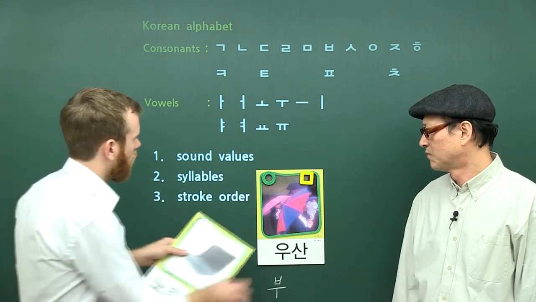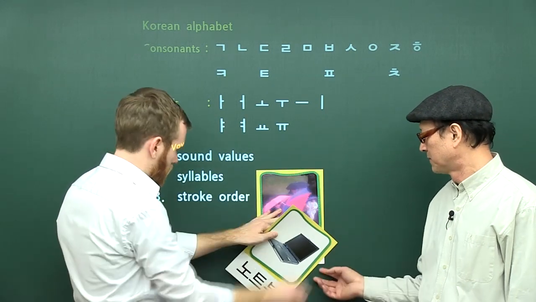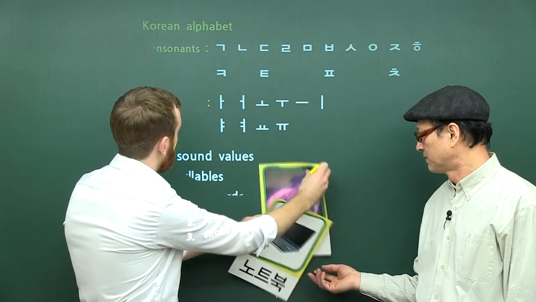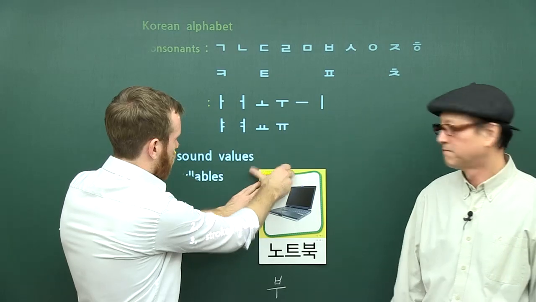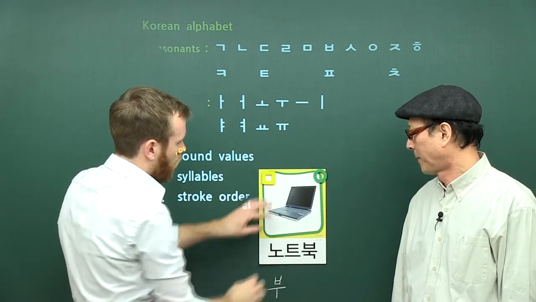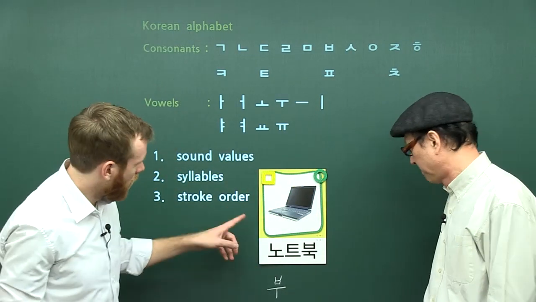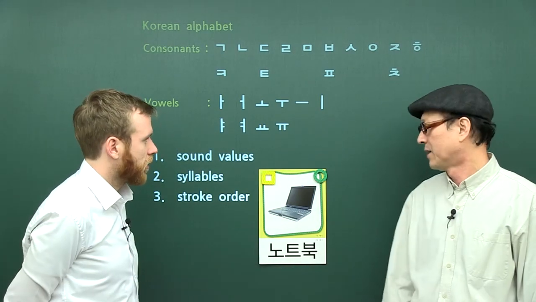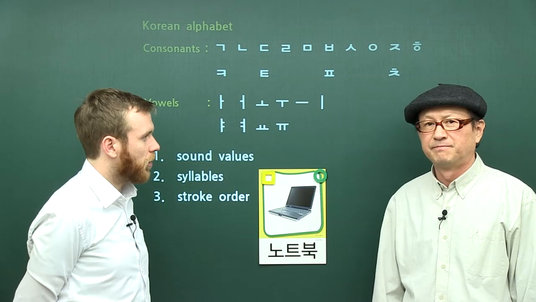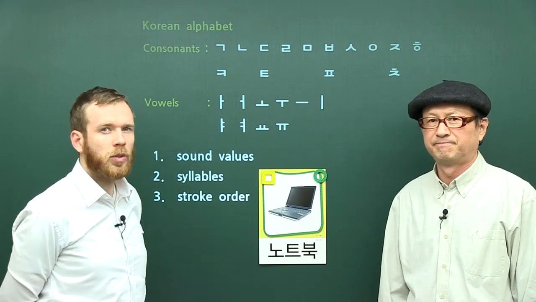Okay, so before we introduce the letters from the Korean alphabet, Busan was an example of a word with two syllables. Now we have, it looks like a laptop computer to me. How would we say laptop in Korean? 노트북. Notebook.